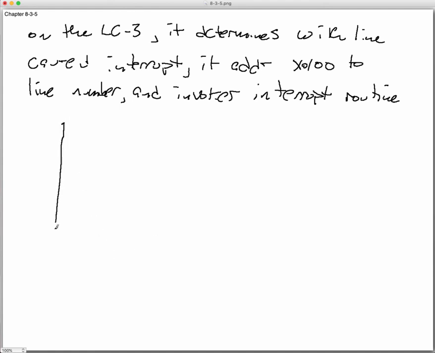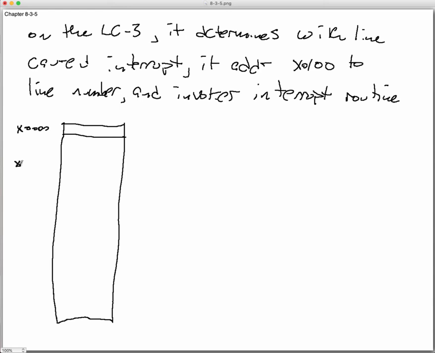When we talked about traps, on the LC3, we said all the way here from 0000 all the way up to hex 00FF, this was called the trap vector table. And remember what this did.